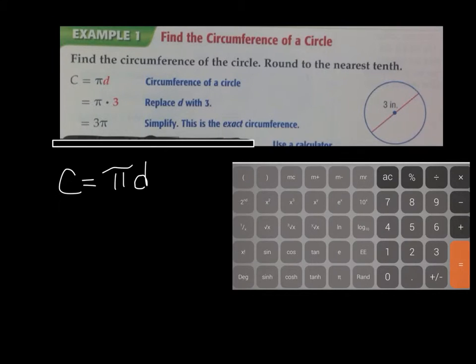So I use the calculator on my iPad, and you can see right here is the sign for pi. I also went on Google and saw if you just use the Google calculator, they also have a pi sign. So in this case here, I'm going to take pi, okay, right there, and I'm going to times it by the diameter. So I see my diameter is 3, so I'm going to take pi times 3 on my calculator.